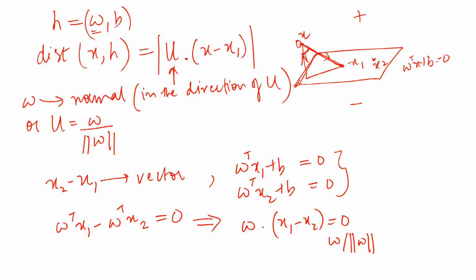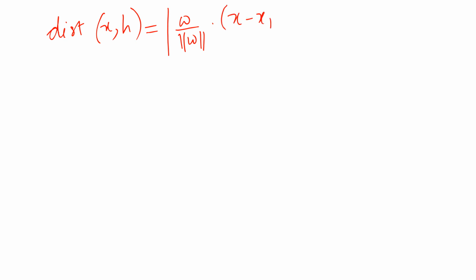Therefore, it follows that the distance between x and h can be given by, let me write it on the next slide, the absolute value of w over the norm, which is my unit vector, times x minus x1.